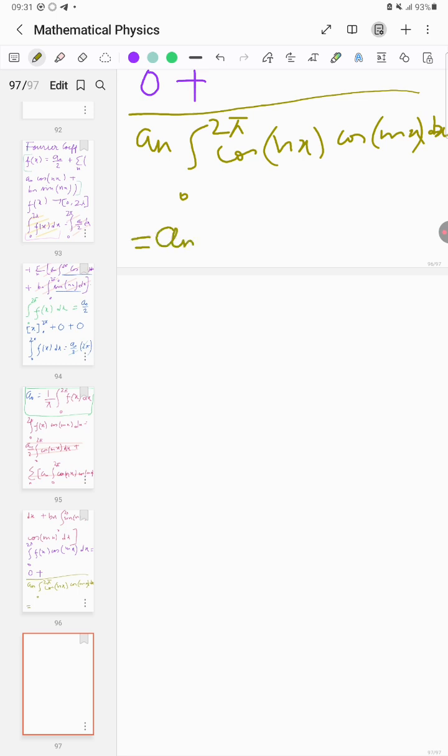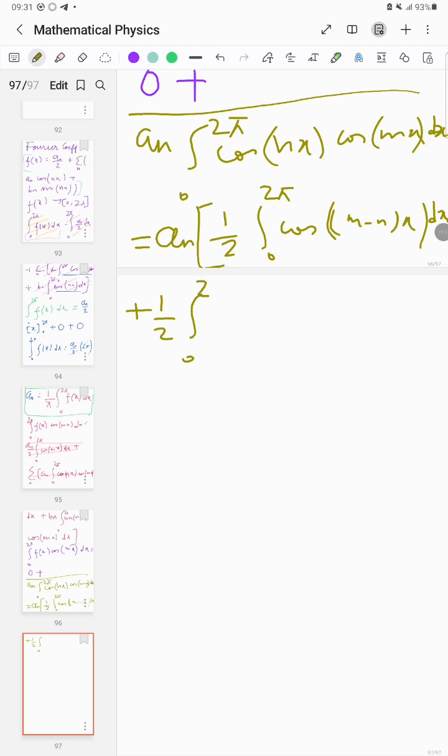We'll just put it as a n, and then this will break into half integration 0 to 2 pi cos (m minus n)x dx plus half 0 to 2 pi cos (m plus n)x dx. Alright, we'll close the bracket.